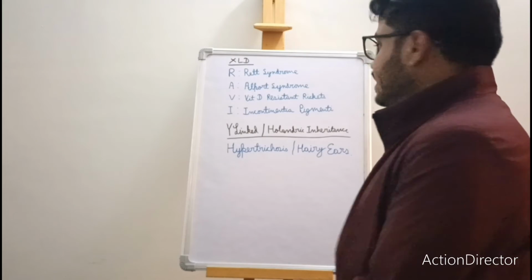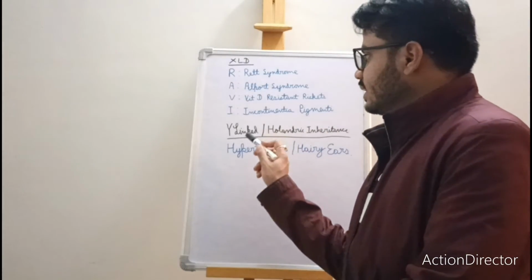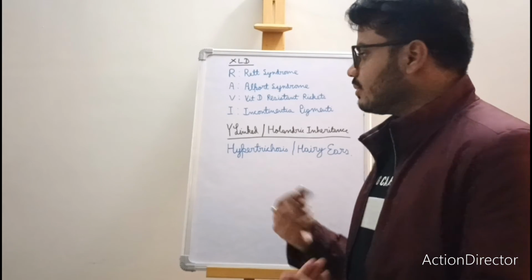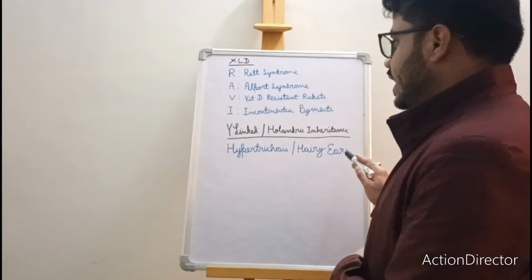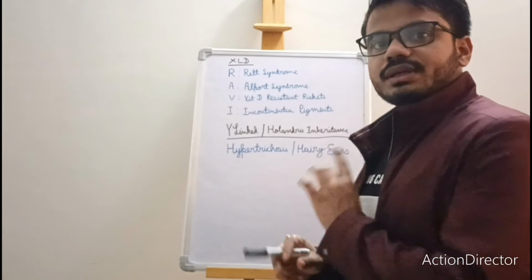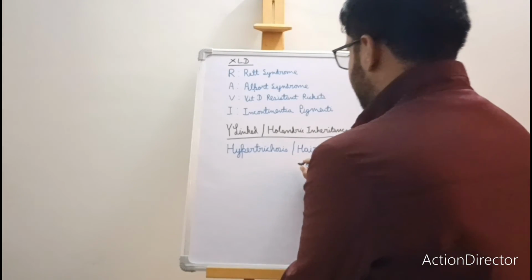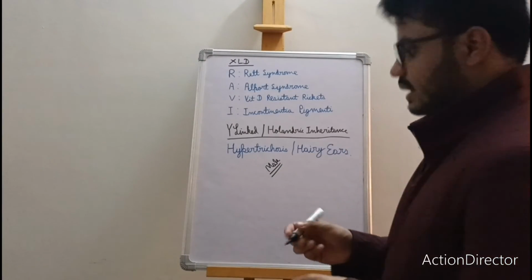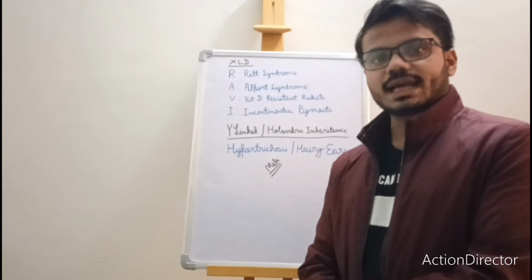And Y-linked Holandric inheritance, right? The name Y-linked itself says that it's present only in males, right? So it is hypertrichosis or hairy ears. So only this example you need to know in Y-linked, and you should remember that it's present specifically in males, right? So these were all the genetic disorders along with examples.